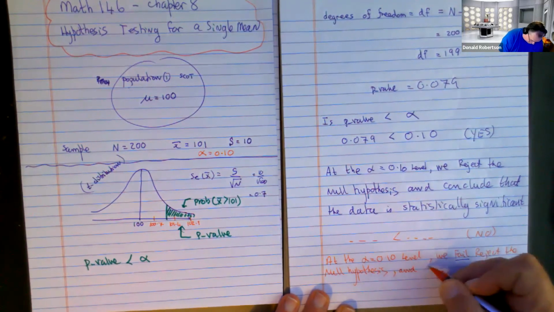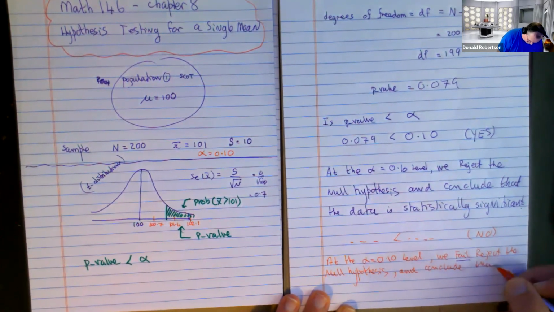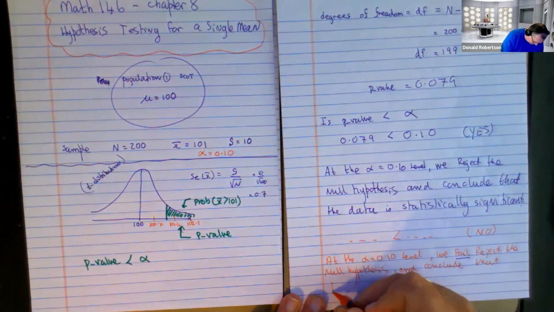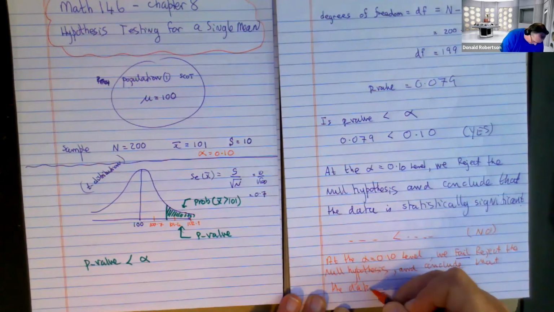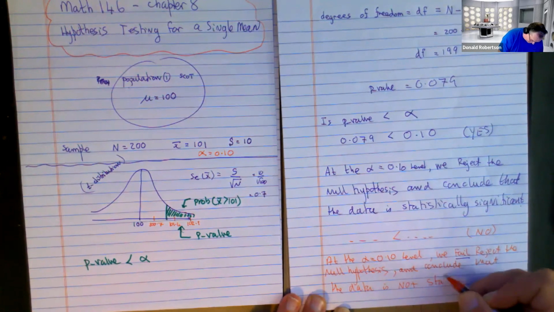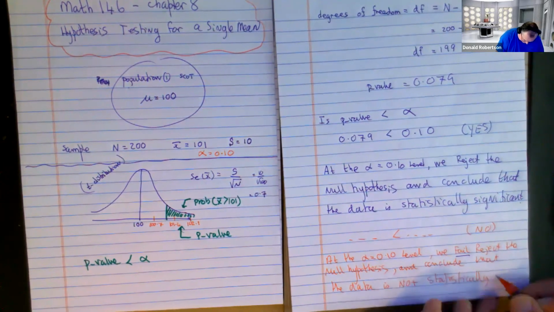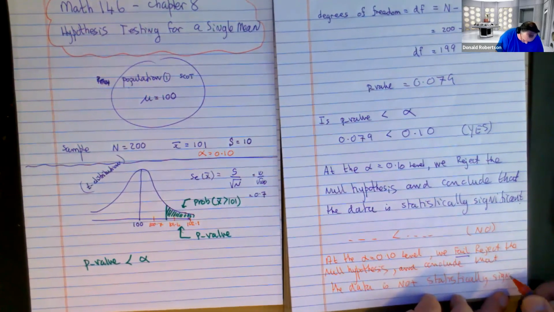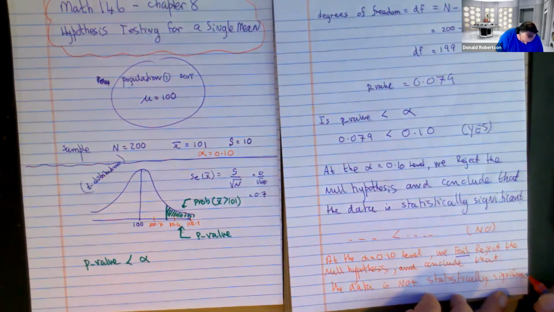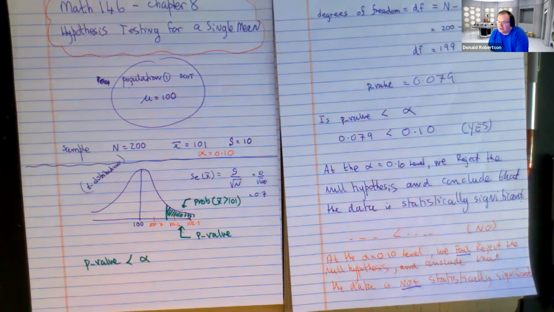And conclude that the data is not statistically significant. And you see an extra word, not statistically significant.